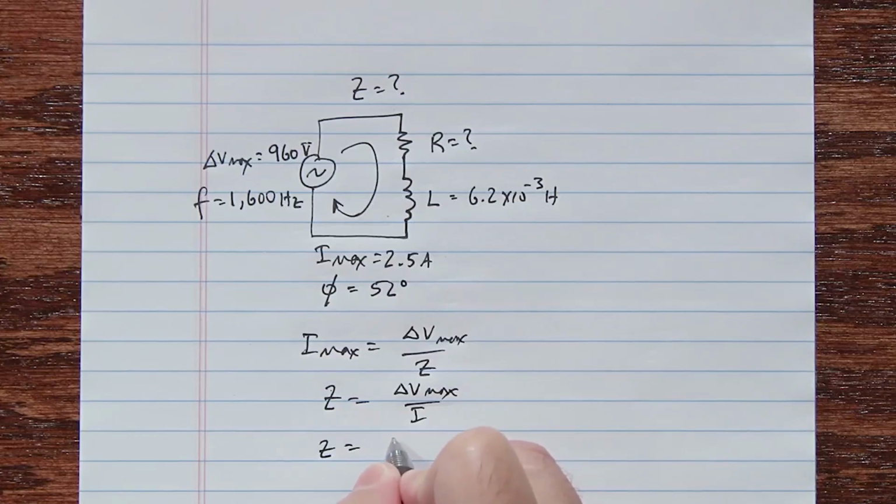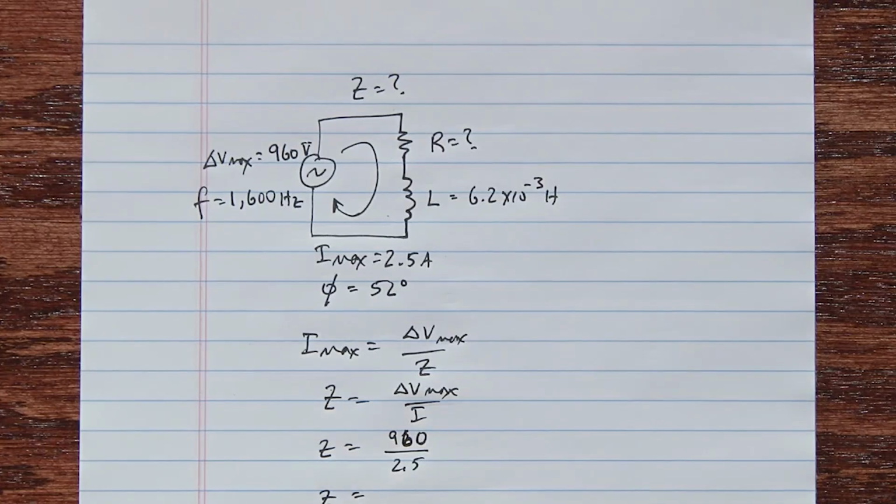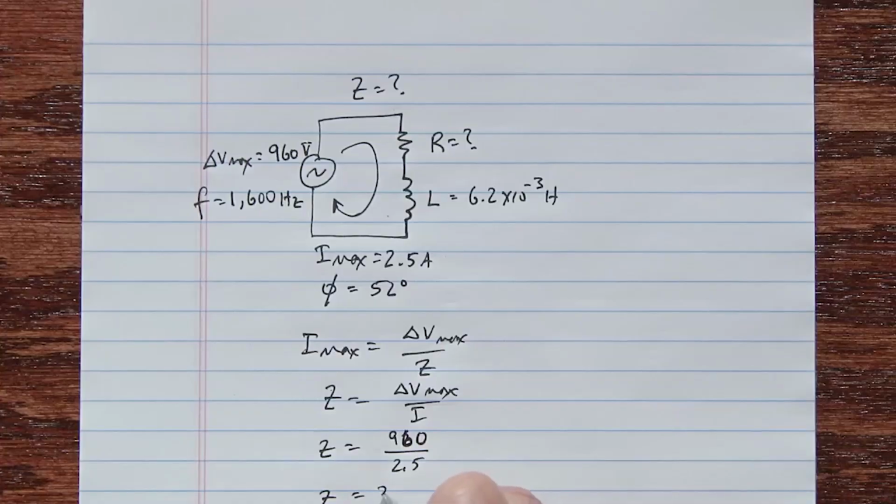So the impedance is 960 divided by the peak current, which is 2.5. So that gives us that the impedance is 960 divided by 2.5. It's 384 ohms.